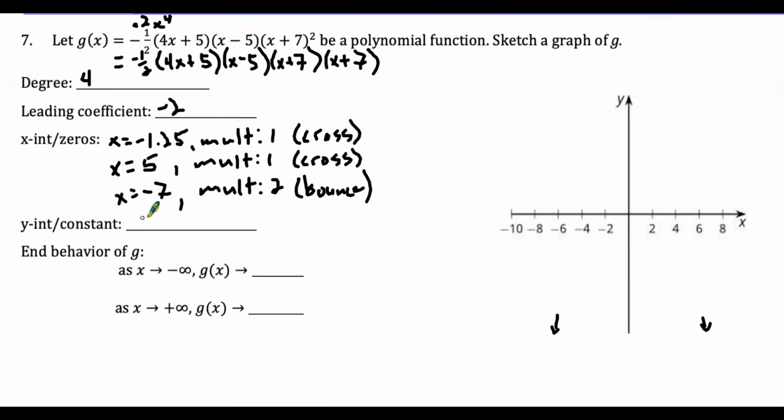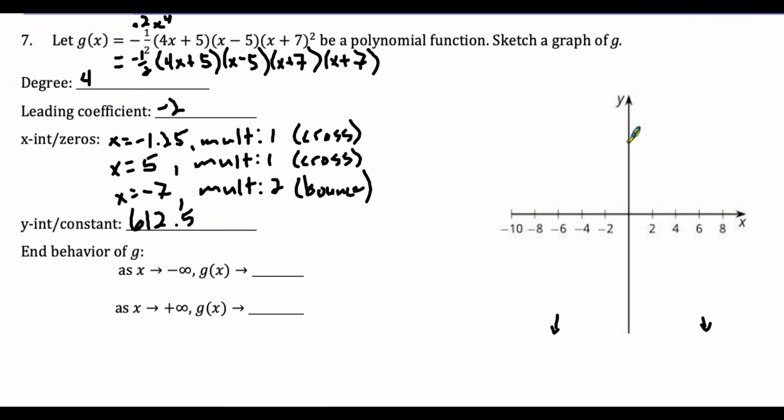My y-intercept then is going to come from multiplying, again, any number out in front times all of my constants. So if I take negative 1/2 times 5 times negative 5 times 7, we get 612.5.